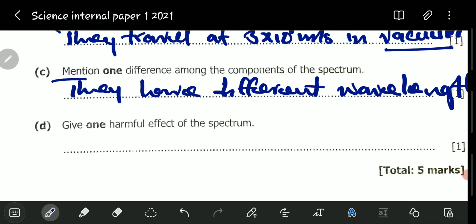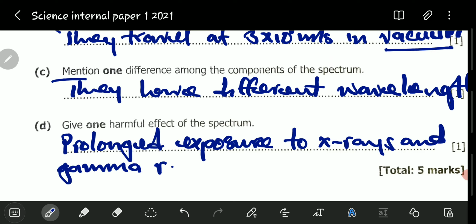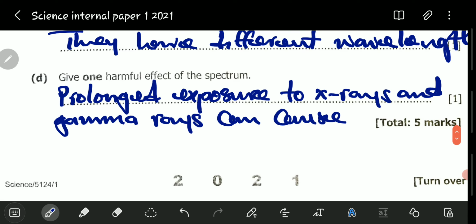So I'll be specific. Prolonged exposure can cause cancer.